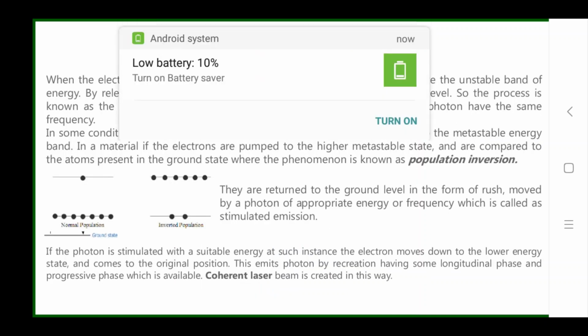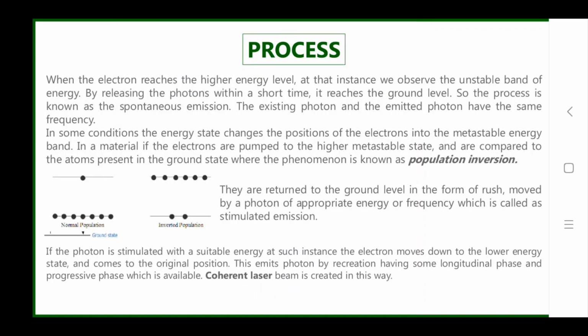And when the electron reaches the high energy level, at that instant we observe an unstable band of energy. By releasing photons within a short time, it reaches the ground level. This process is known as spontaneous emission.